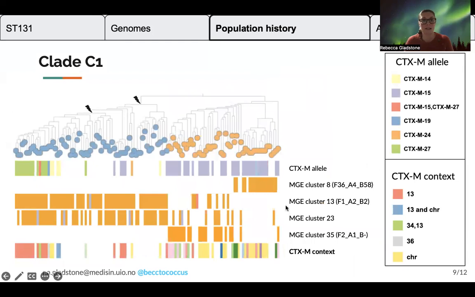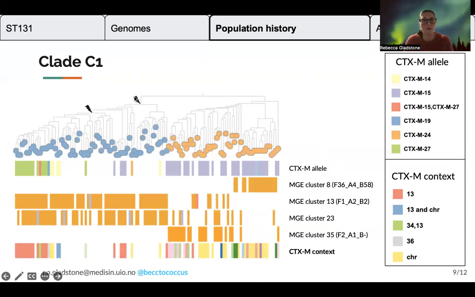But in addition, there are a number of different plasmids that are carrying the CTXM gene. If we take a look at clade C1, that's the blue here on the left, and with clade C2 in the orange here as context. There are 2 expansions related to C1, one at the branch leading to the entire clade, and one is a subclade representing a large proportion of the isolates.